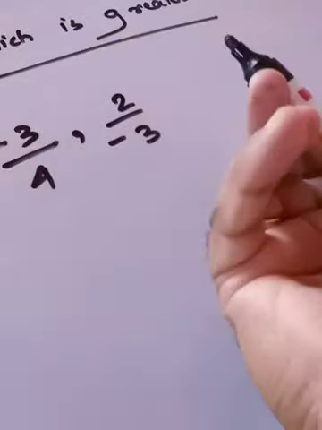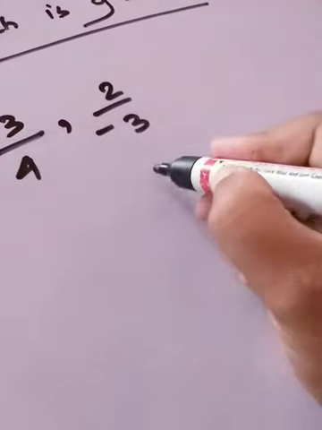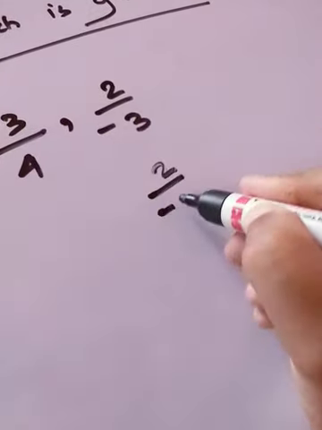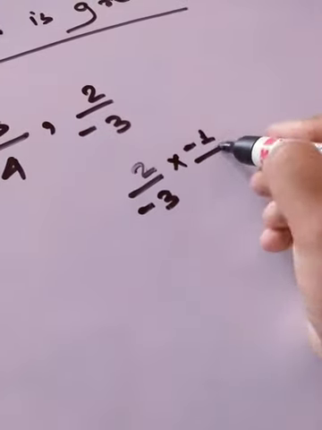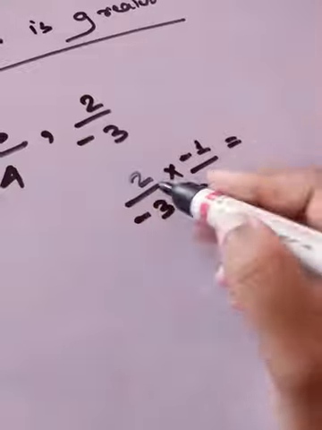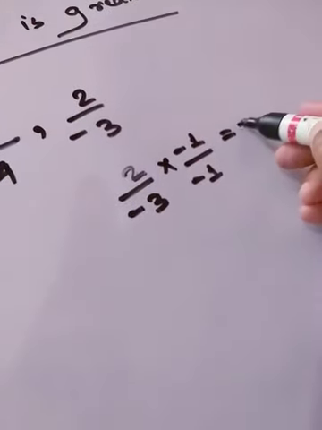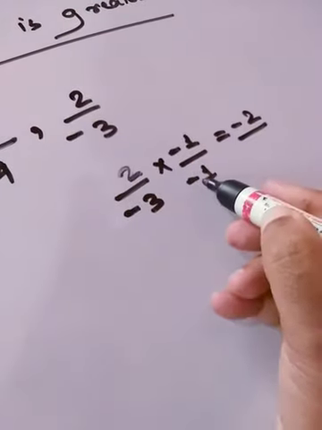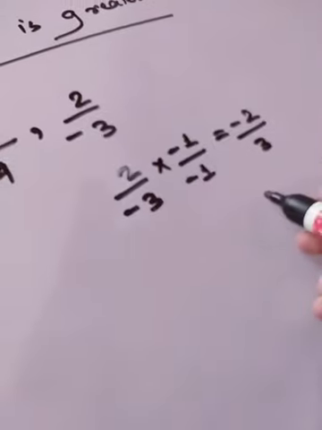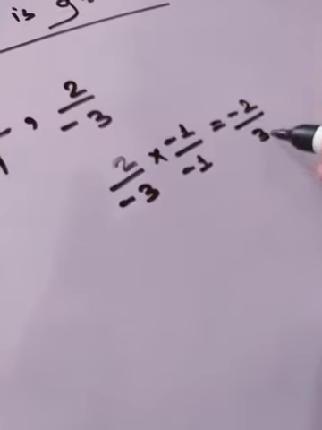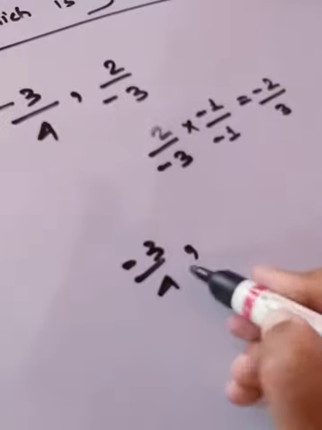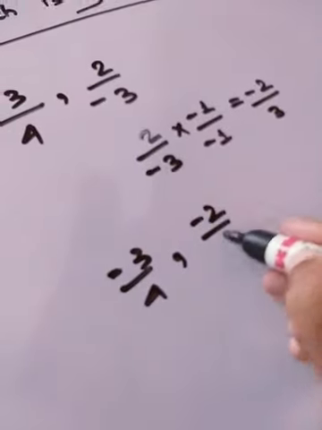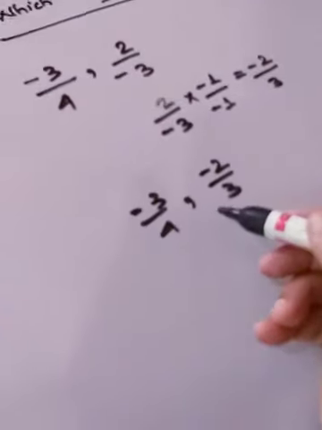Now how exactly do we do this? You multiply this fraction by minus 1 by minus 1. So 2 into minus 1 is minus 2, minus minus becomes plus, and 3 ones are 3. Now we can say this is a rational number. So we have minus 3 by 4 and minus 2 by 3, and we have to compare these two.